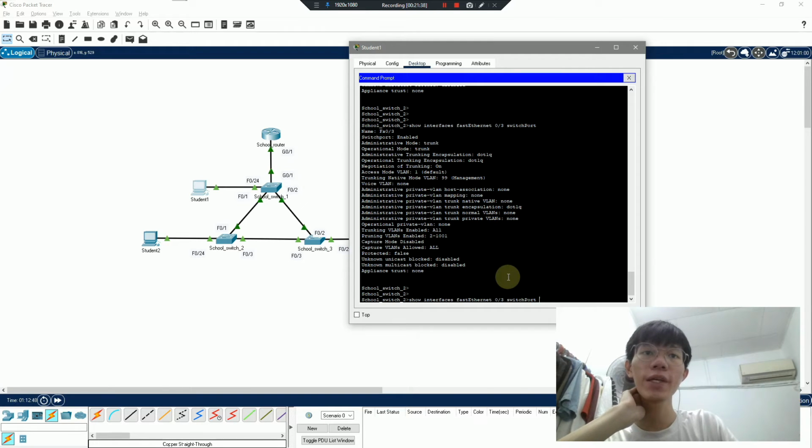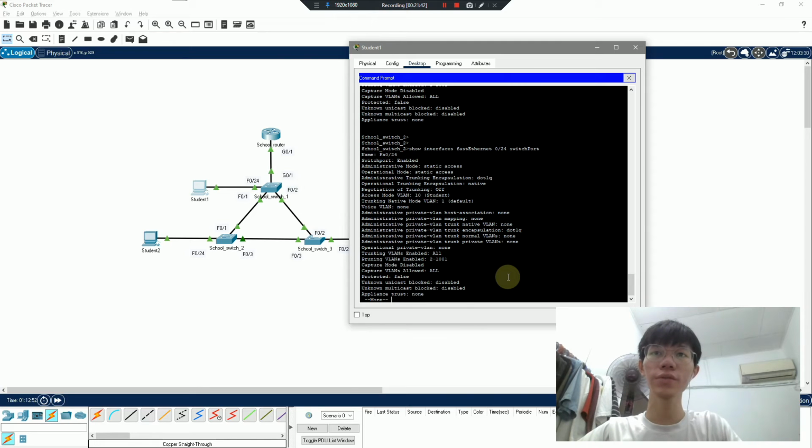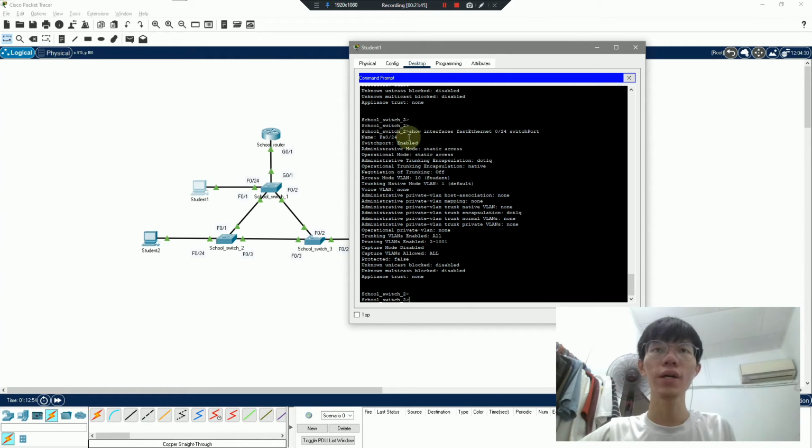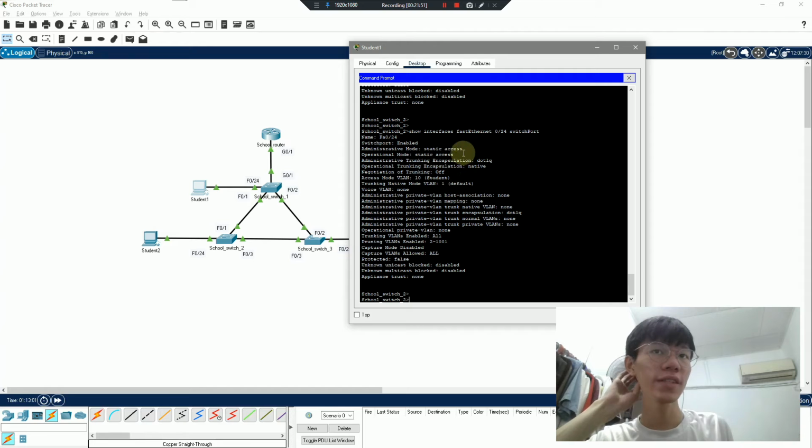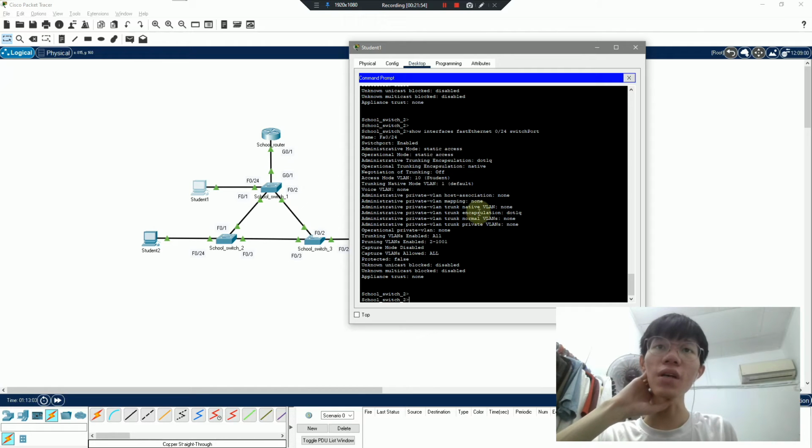So last is the 24 on the switch 2, which is enabled, the mode is static access, and trunking is off, and access mode is to the VLAN 10. So this is for the switch 2.